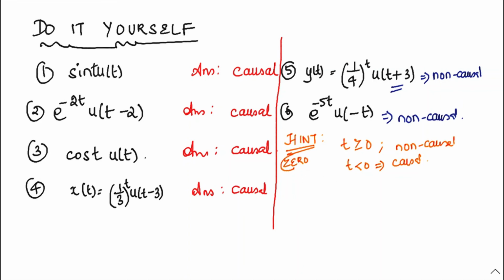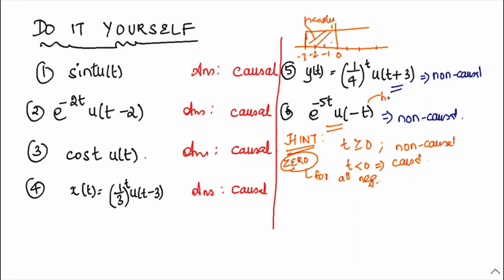So for negative times, we can say it has the value of t plus 3, t plus 2, something like that. And minus t also gives a non-causal signal. So this is how the non-causal signals are identified. And when coming to causal, as I explained earlier, it has the value shifting towards the right side.